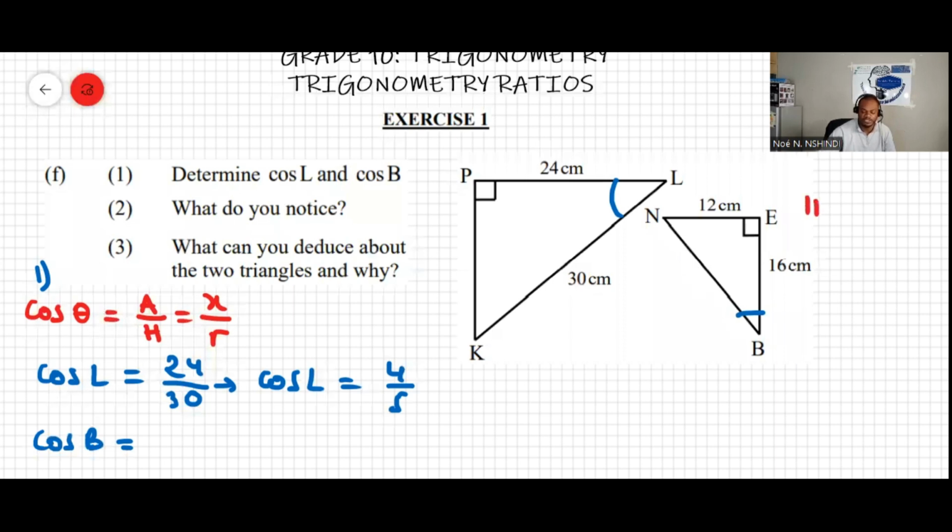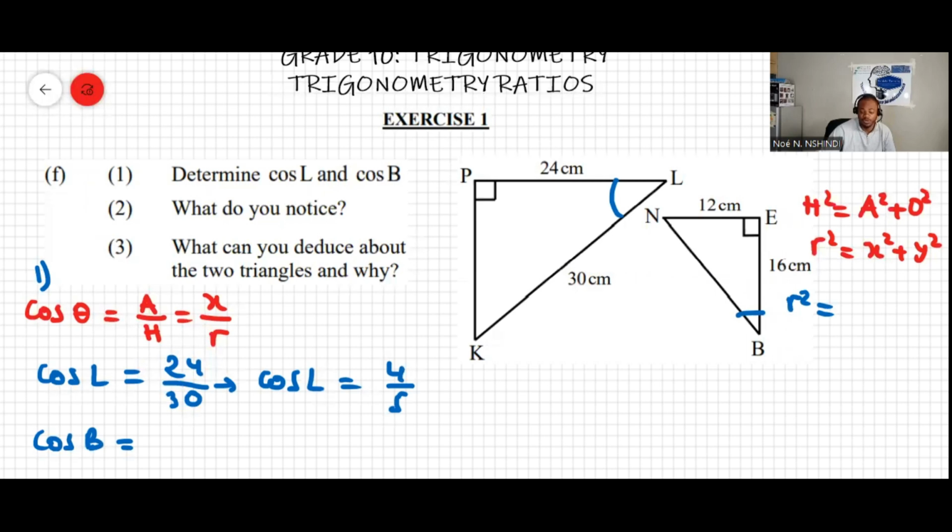So we know that h squared equals a squared plus o squared, or sometimes r squared equals x squared plus y squared. The hypotenuse here is unknown, so I keep it as r squared, which will be equal to x squared plus y squared.